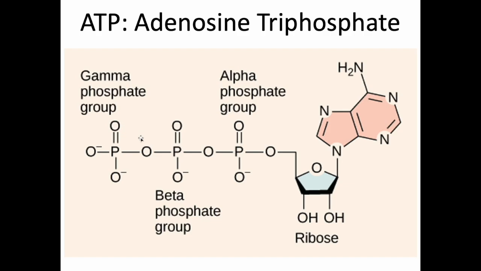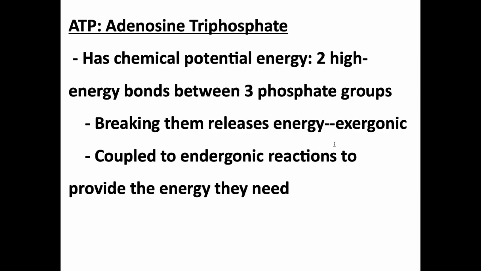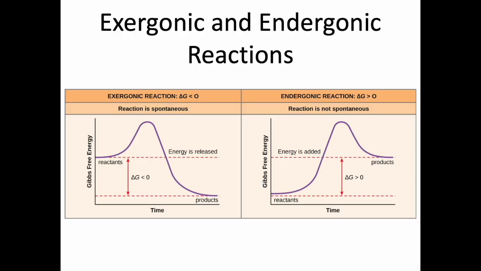Because this is such a relatively small, convenient, easy to work with molecule, this exergonic reaction that occurs when you break off one of those phosphate groups is very easily coupled to other endergonic reactions to provide the energy they need. In the cell, we're going to see this in the next several chapters.